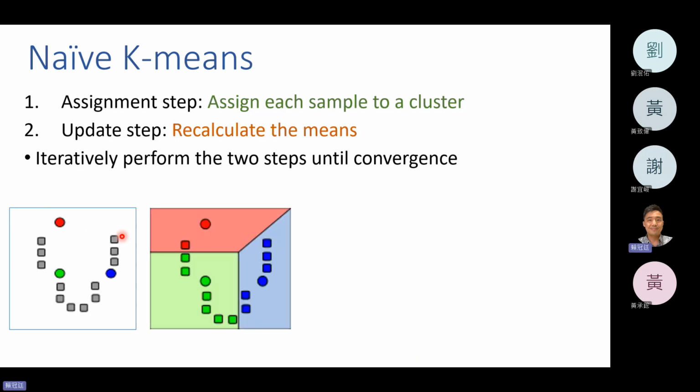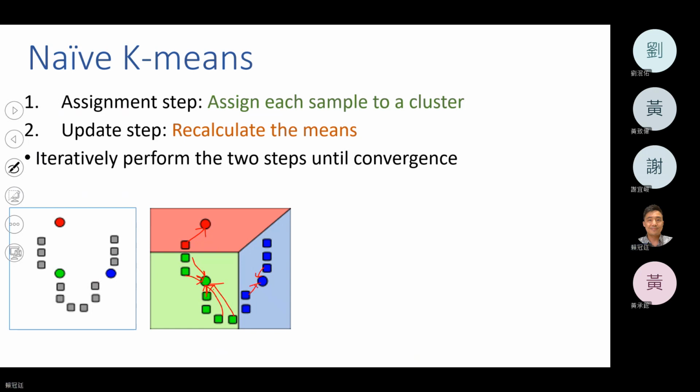First we calculate the distance. If this block is close to the red circle, then it belongs to the class red. Others are close to green, so they are classified as green. And the other parts are blue.